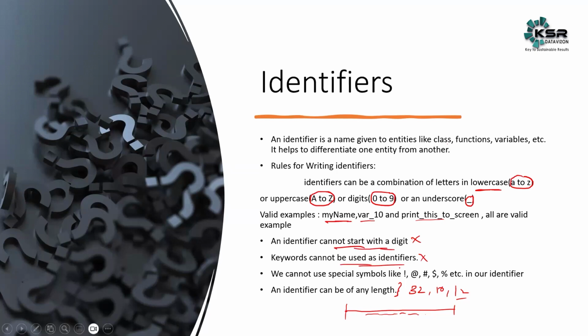Keywords cannot be used as an identifier. We cannot use any special symbol. It can be any length. For example, a b x y z. Is it an identifier?